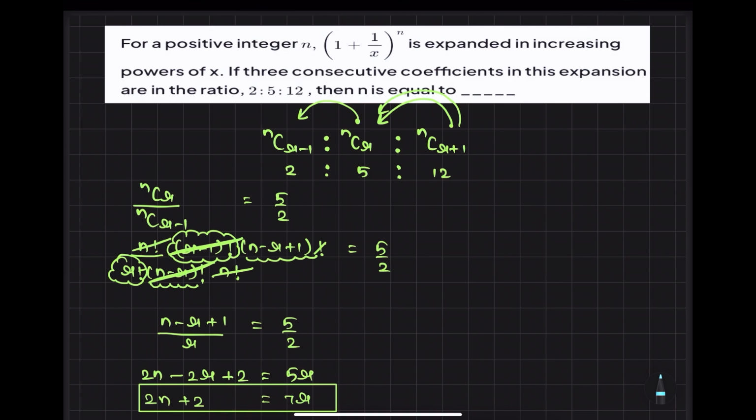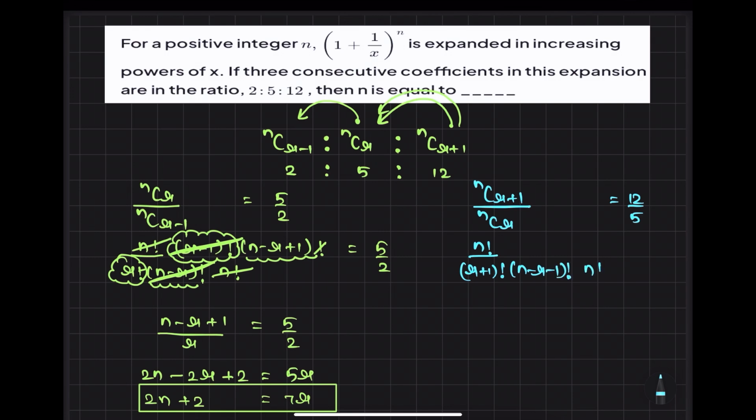So next part is nCr plus 1 by nCr, and this is equal to what? 12 by 5, right? Look at this. So n factorial by r plus 1 factorial and then n minus r minus 1 factorial.